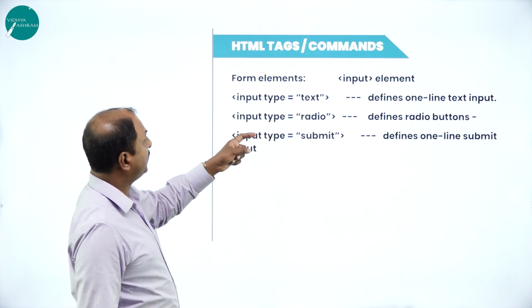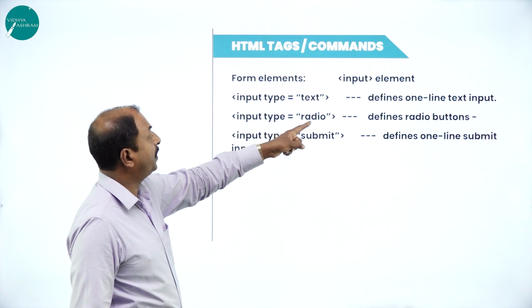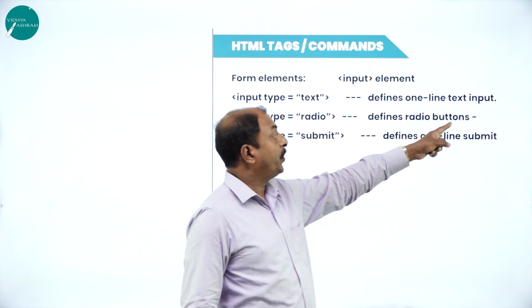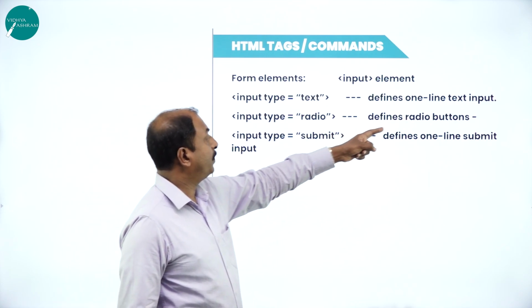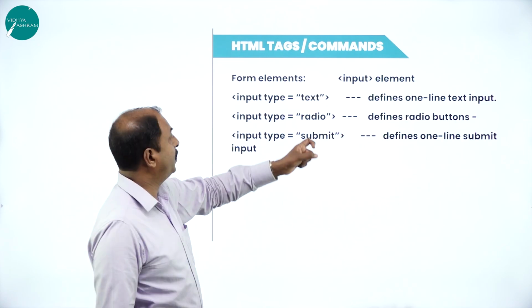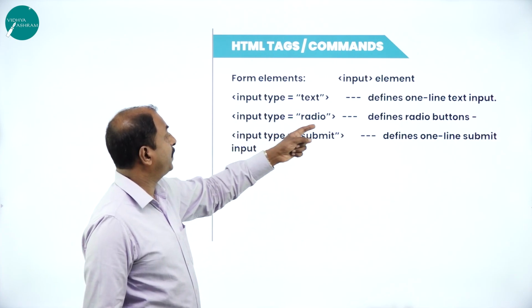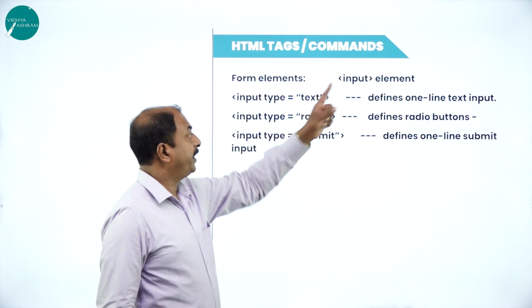The second type is input element type equal to radio. It defines a radio button as we have seen in the previous slide. So if you want to define a radio button, we make use of input type equal to radio. That is the input element.